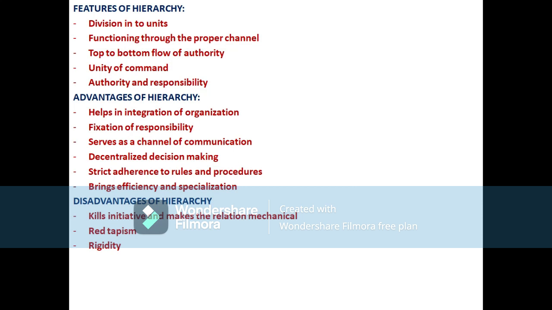Likewise, he will delegate some authority to the district superintendent of police, and he will delegate some authority to the deputy superintendent of police, likewise circle inspector, sub inspector, head constable and constable. Likewise the hierarchy can be followed. So that is a simple example regarding the hierarchy.